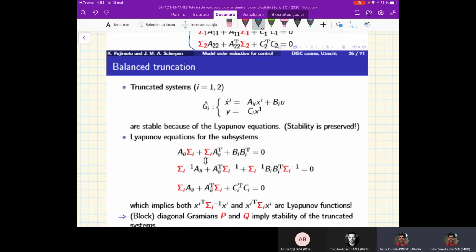But now you can actually split the entire system into two subsystems, subsystem 1 and subsystem 2. They're all stable because of the Lyapunov equation, and the stability is preserved because the Lyapunov function property of the observability function is preserved through balancing. And you get the Lyapunov equations for the subsystems.